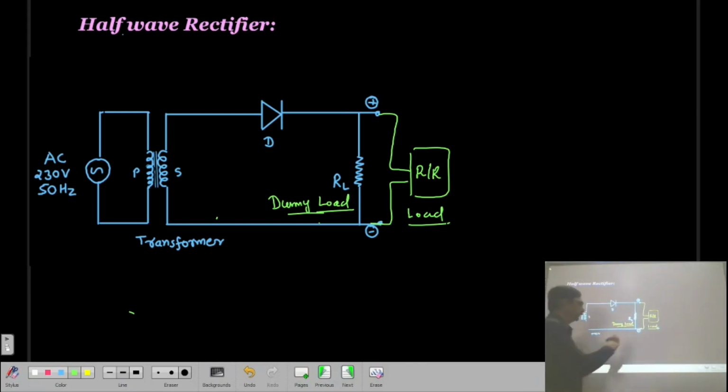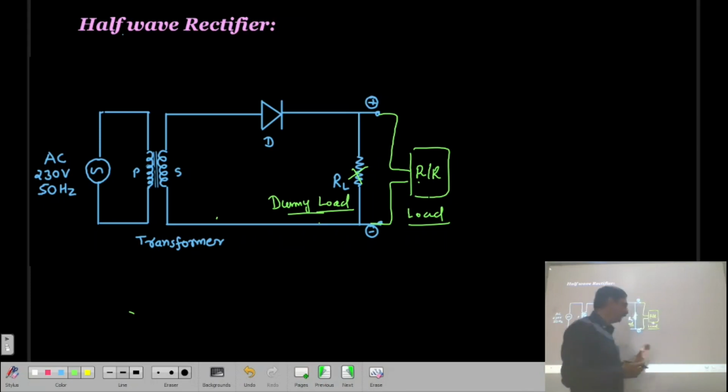Then the radio receiver is known as the load for the power supply. Remember, here this RL will not be there, but instead of that, the radio which is consuming the power from the rectifier circuit is known as the load. Whatever gadgets you are connecting to the rectifier circuit, that gadget is known as a load for the power supply, because in that load your power is going to be dissipated.